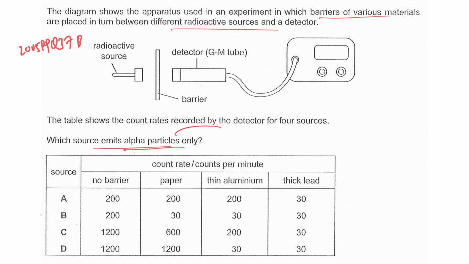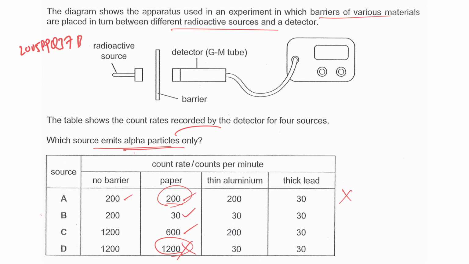So having said that, when there's no barrier, so let's say A, after putting a paper in between, the count is still the same. That means to say there's no alpha particles present. If not, the value here should drop. So A is wrong already.